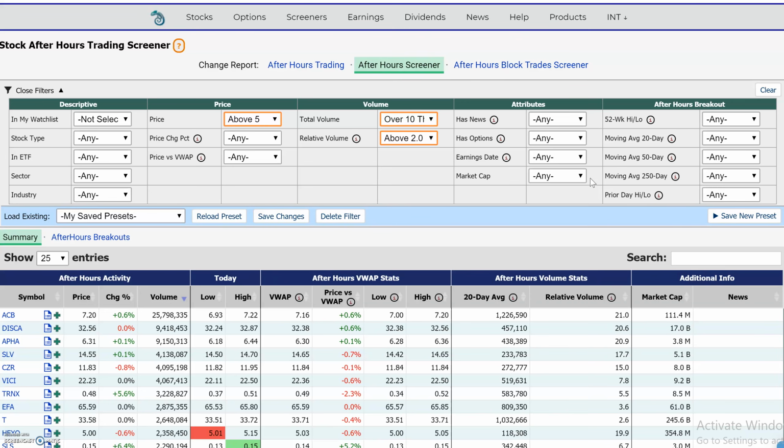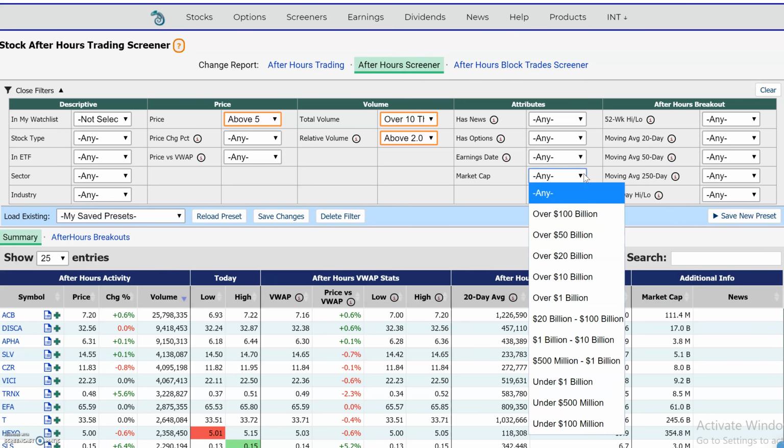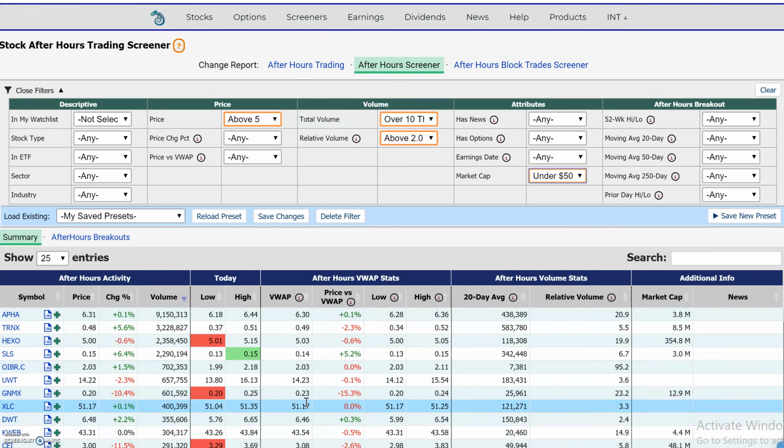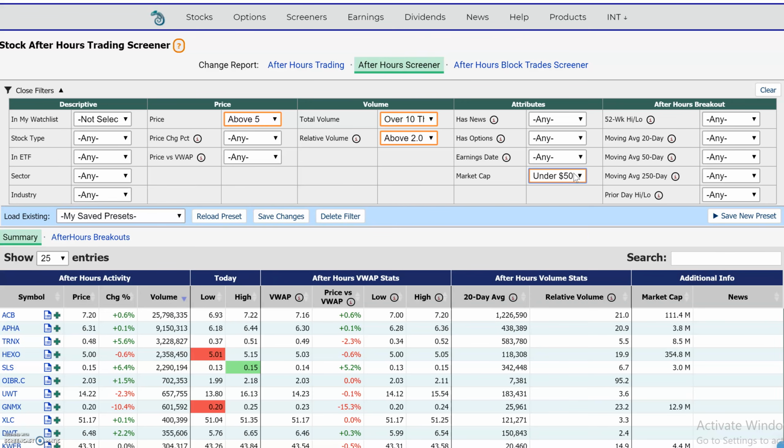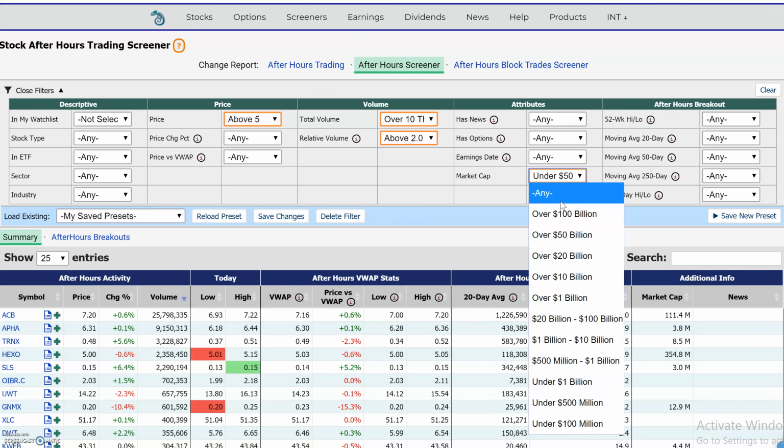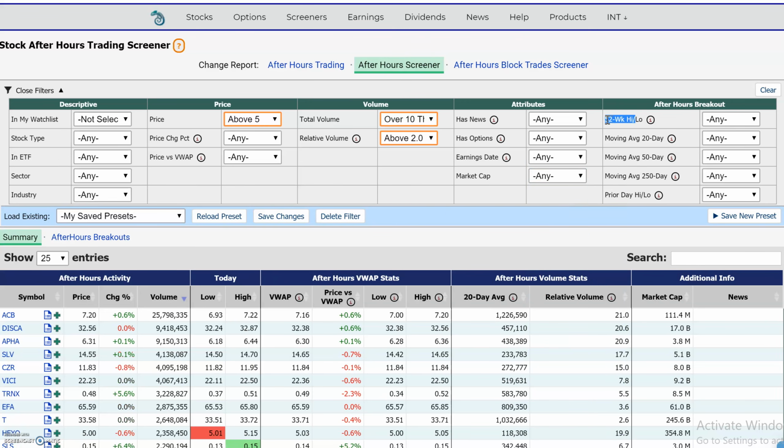If you're looking for low price stocks with low float, you could then go under 1 billion, under 500 million, and then it'll filter out this way for low cap stocks. Also, if you are looking for a technical breach, then you have these choices here.